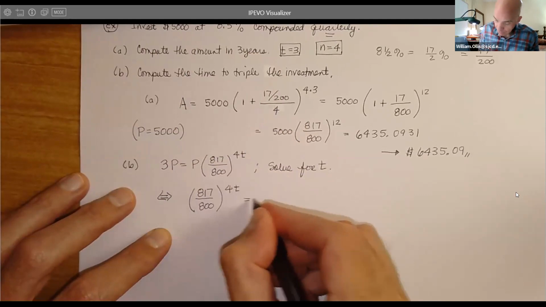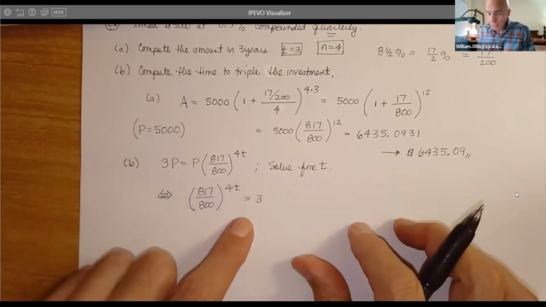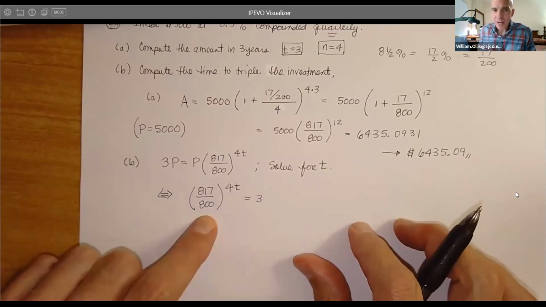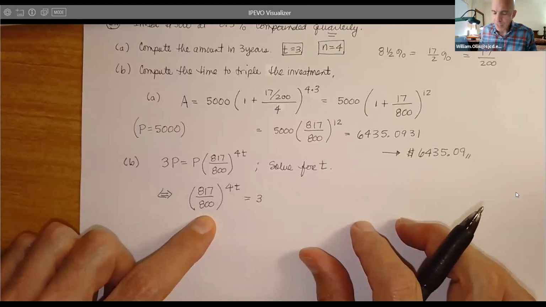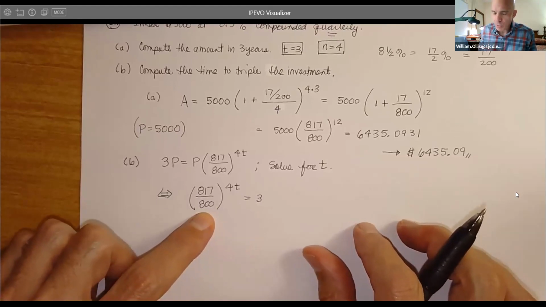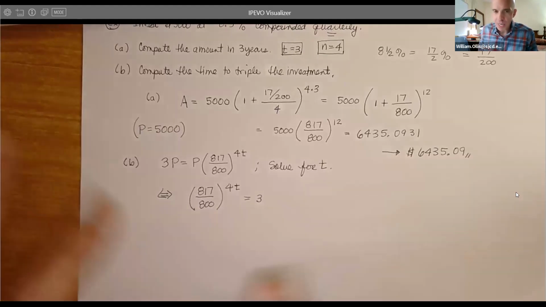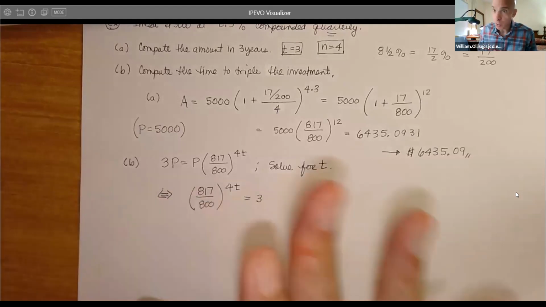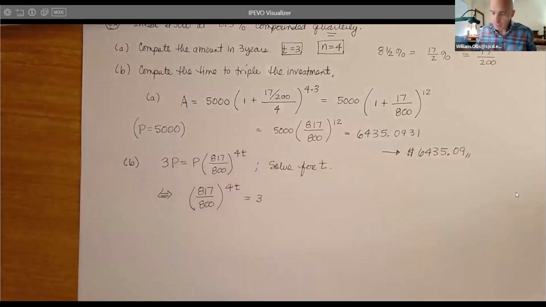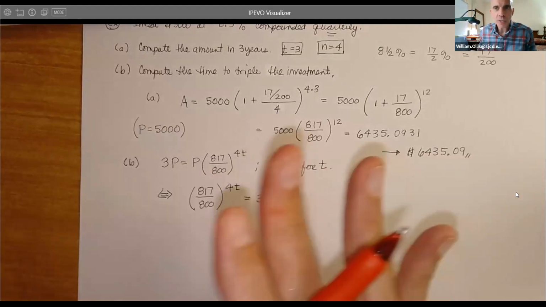So now you're looking at this and saying, well, Professor Ron, I don't want to use base 817 divided by 800. And I don't blame you. That's a little bit ridiculous. So when the bases get kind of strange, use a logarithm that you like.